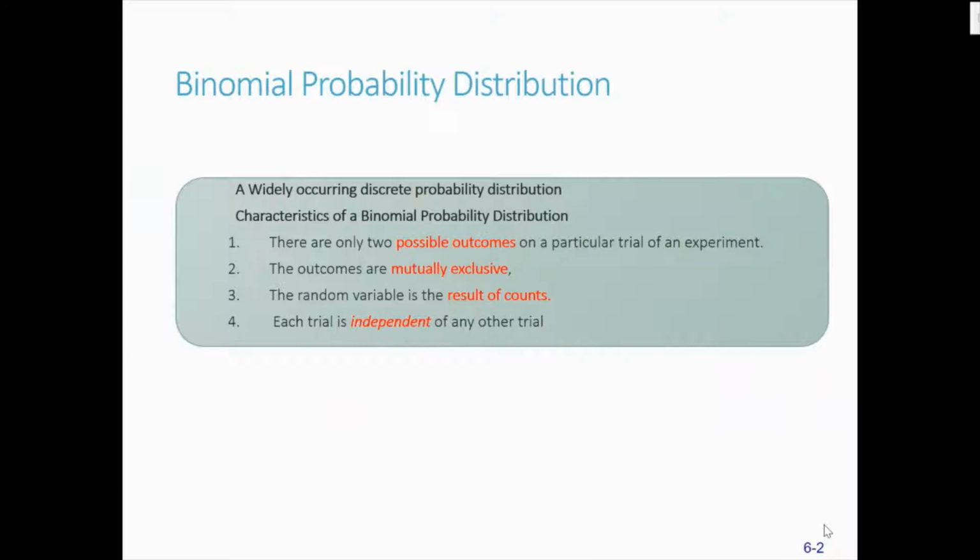The binomial probability distribution is a widely occurring discrete probability distribution. A discrete number is usually a number that is the result of a count.